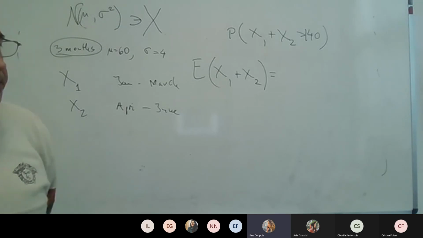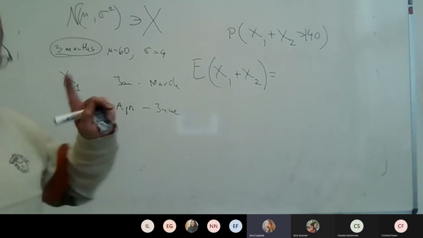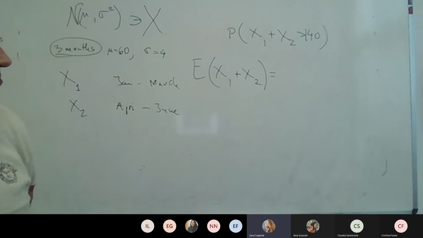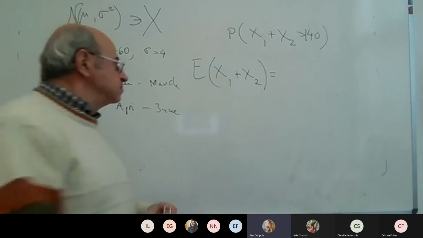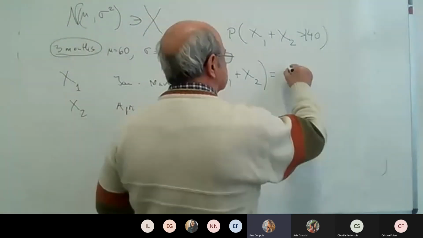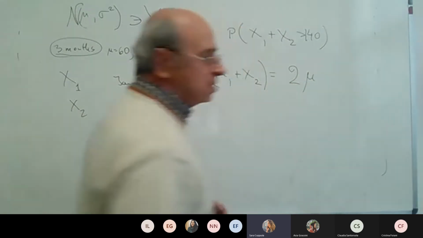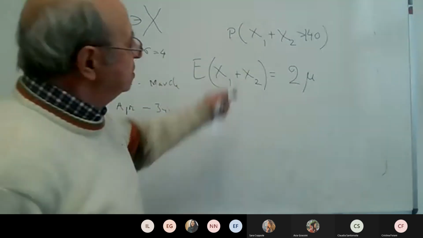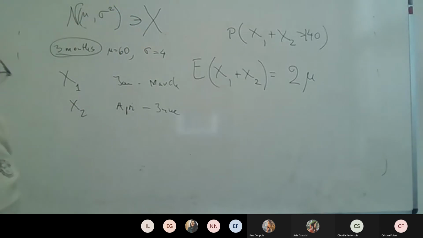If they are independent. As I said, they are independent. So we have the expectation of x1 plus the expectation of x2. So this is 2 times mu. Okay, this is very good.